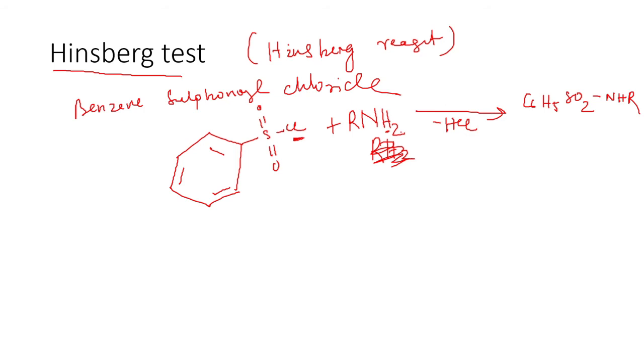So basically from RNH2 one hydrogen, and from benzene sulfonyl chloride one chlorine atom, they get liberated in the form of HCl, and this product will be formed, right?